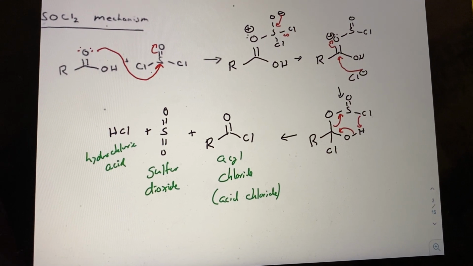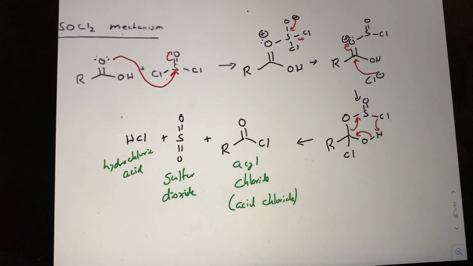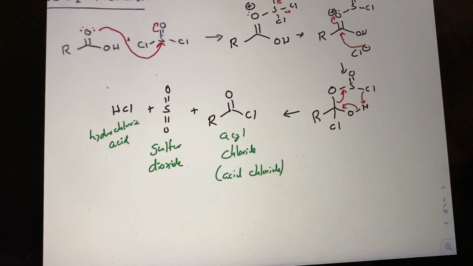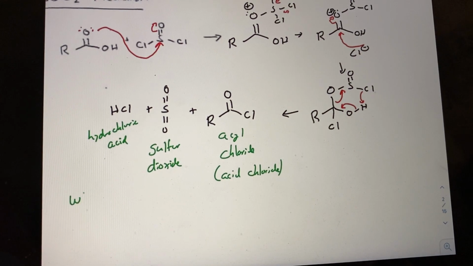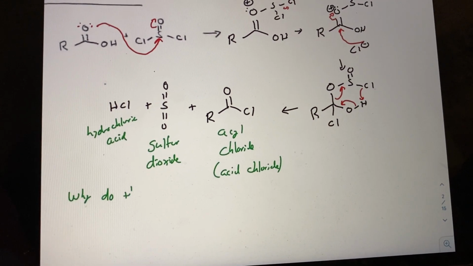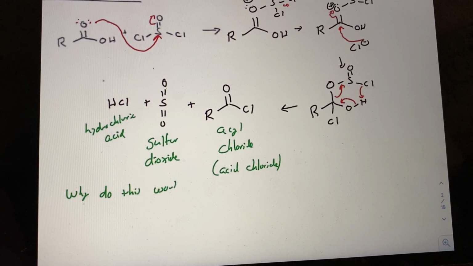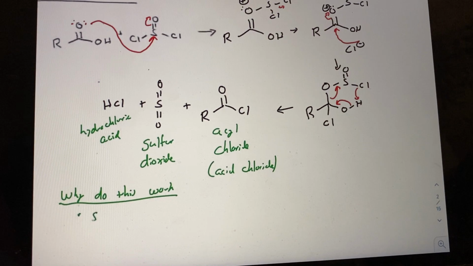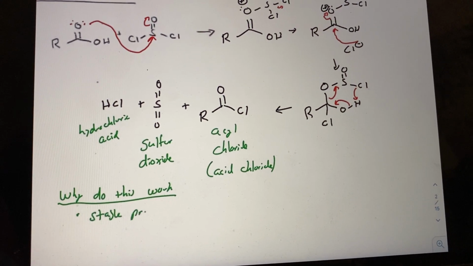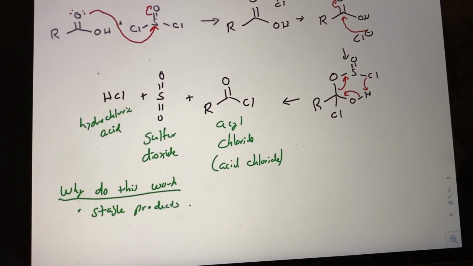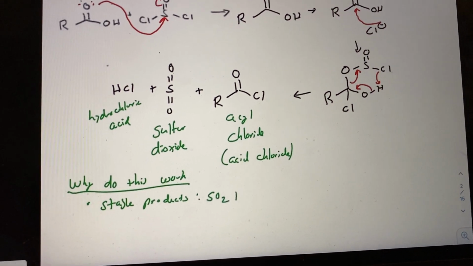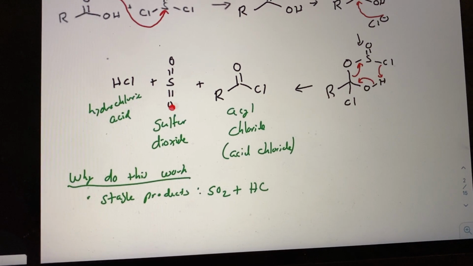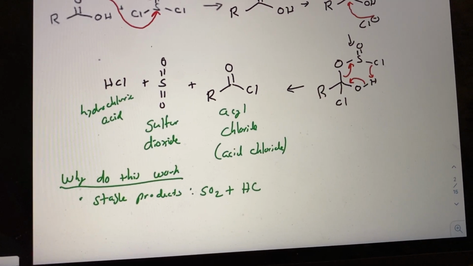This reaction is going up that order of reactivity in terms of the carboxylic acid derivatives. So why does this work? Going up that ladder of reactivity, one is that we're forming stable products, not necessarily the acyl chloride, but SO2 and HCl in particular. So the driving force is forming the sulfur dioxide, which will leave the reaction and pull the reaction forward.